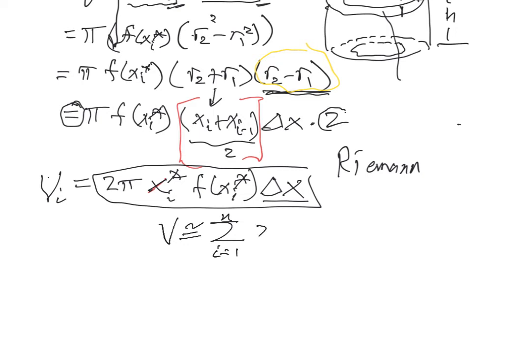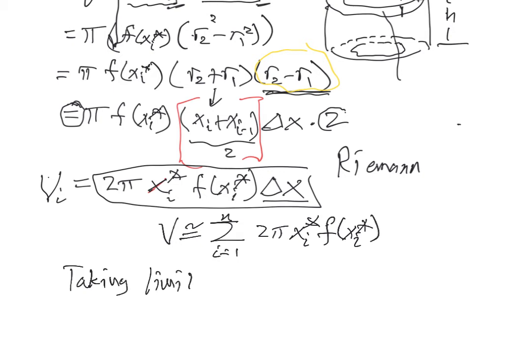And the function that gets us the volume of any particular one is 2 pi xi star f of xi star. Finally, taking the limit as n goes to infinity.